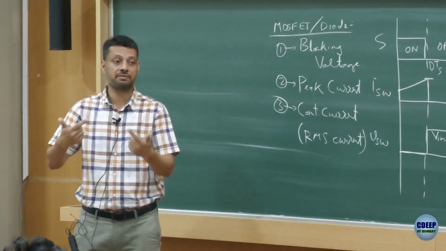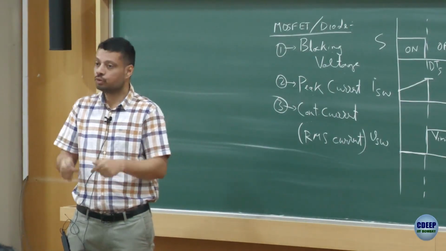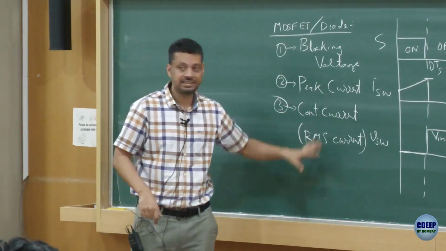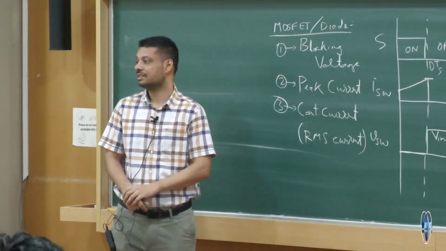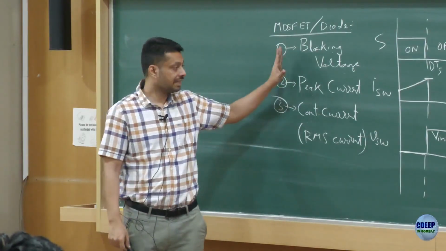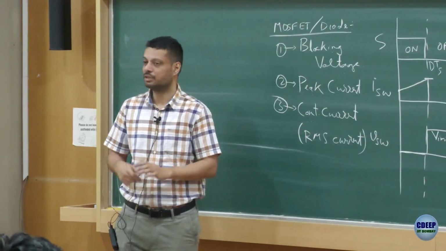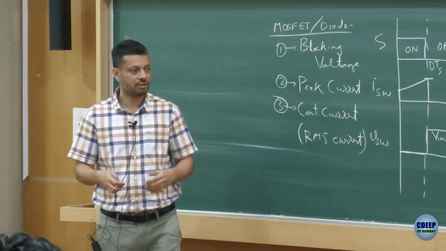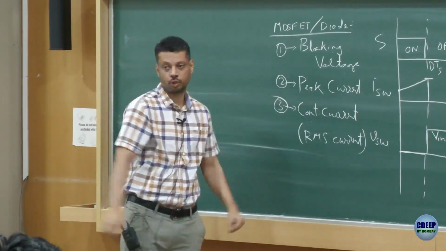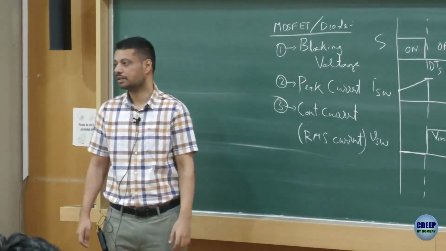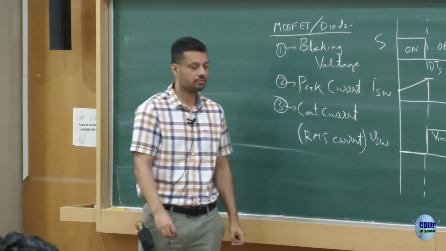So you would have to further refine your requirement, and now you go into knowing what kind of losses these devices have, what kind of on-state resistances these devices have, what kind of heat dissipation mechanism these devices have, and you go into more details which at this point is not possible for us to get into, but at the first level, this is what you would look for when you select a device for this application.